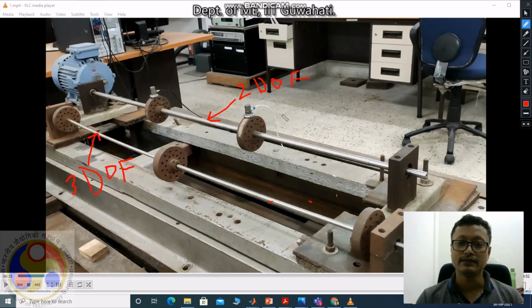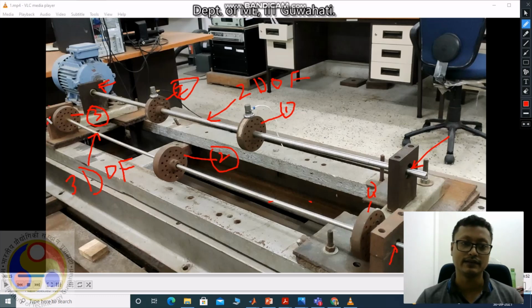So here two masses are there, mass 1, mass 2. The end conditions are the bearings, bearing 1, bearing 2. In the second condition we have 3 loads: mass 1, mass 2, and then mass 3. Three masses are there, and here the end conditions, bearings, are there.